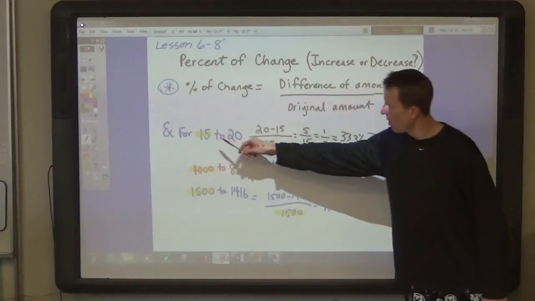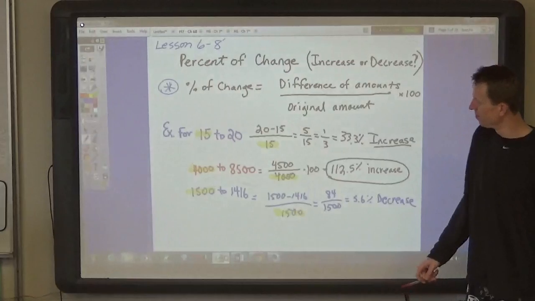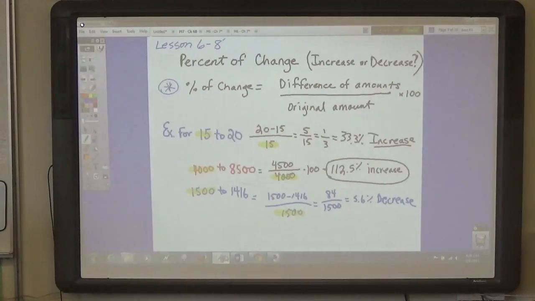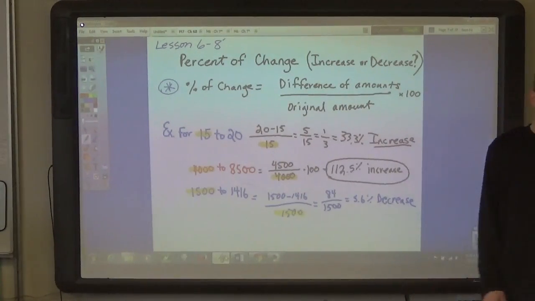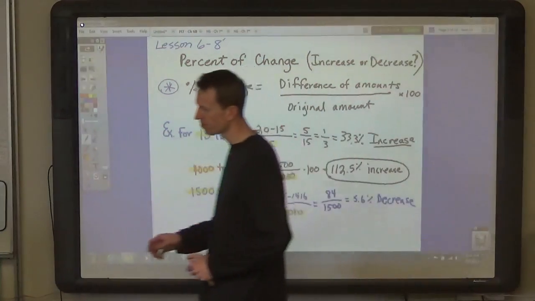And that's because it went from 15 to a higher number. Okay? What's the second one? Lindsay? That's also an increase. The third one is a what, Max? Decrease. A decrease. Yep. Good.